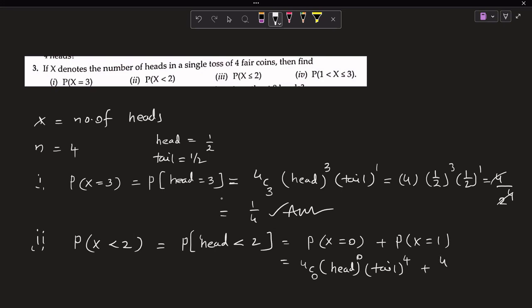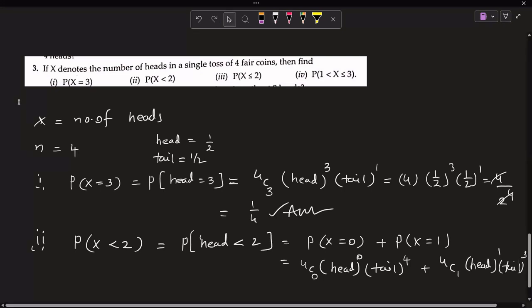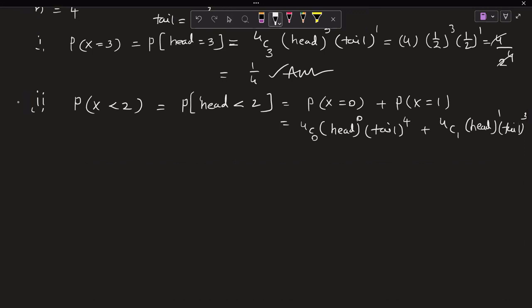P of X equal to 1 means 4C1, head probability 1, because out of 4 we are selecting 1 coin and it shows head. And tail probability: 1 coin shows head means remaining 3 coins show tail.